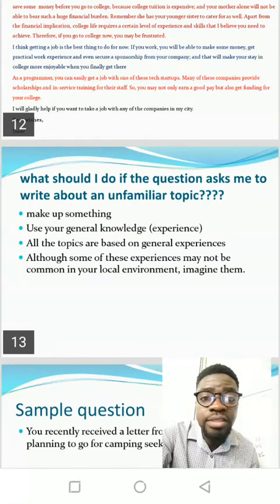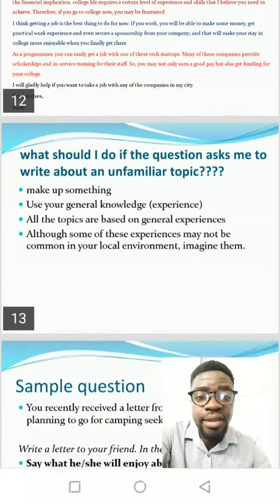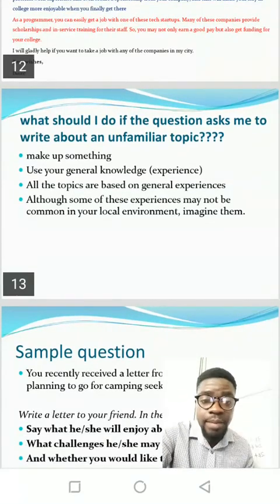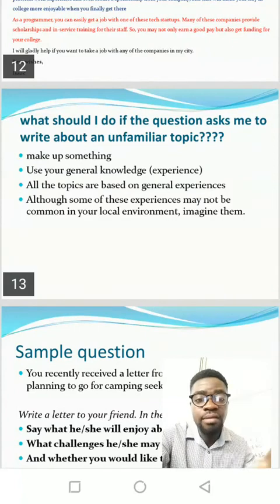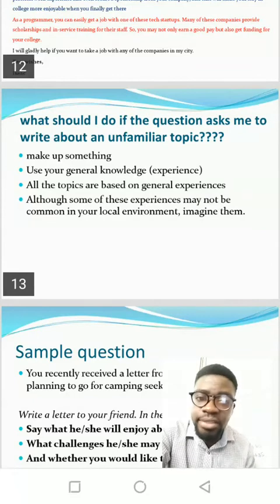And that will make your stay in college more enjoyable when you finally get there. Fine. So if you get a job, you will gain valuable work experience, and who knows, you might just secure a scholarship, maybe a sponsorship from your company.